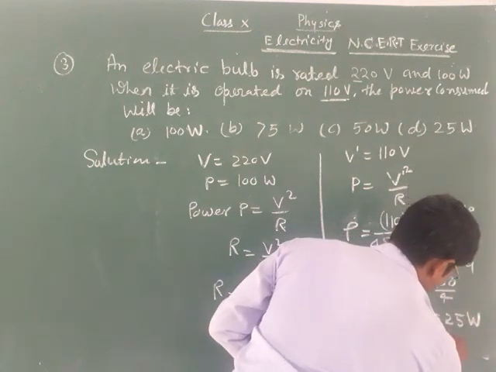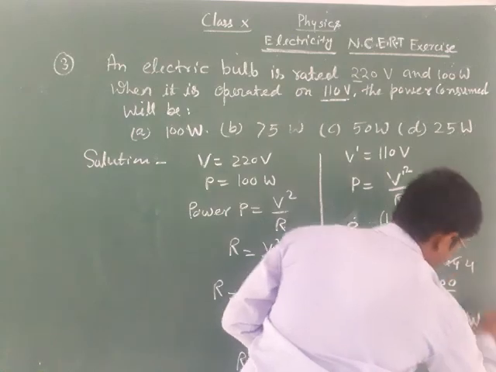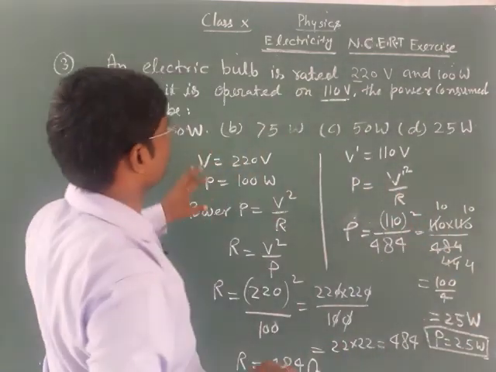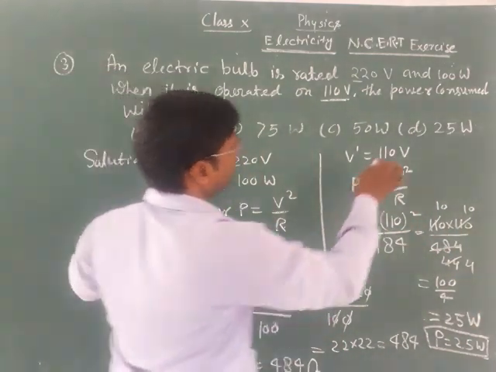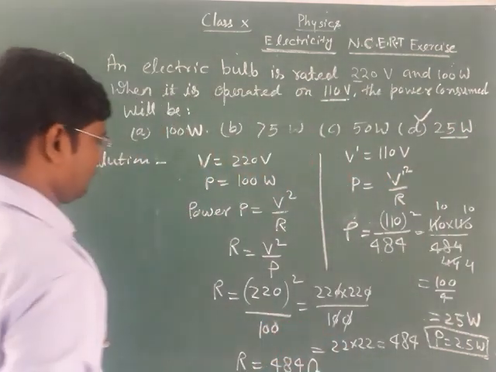So P is equal to 25 watt. This is the consumed power, so option D is correct.